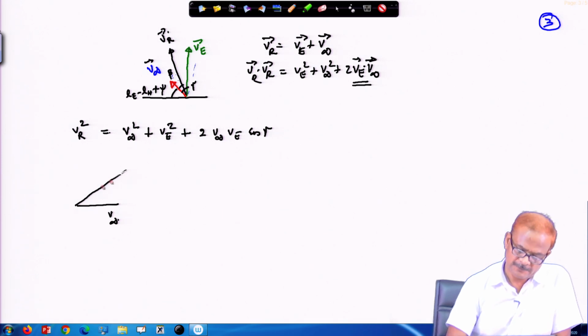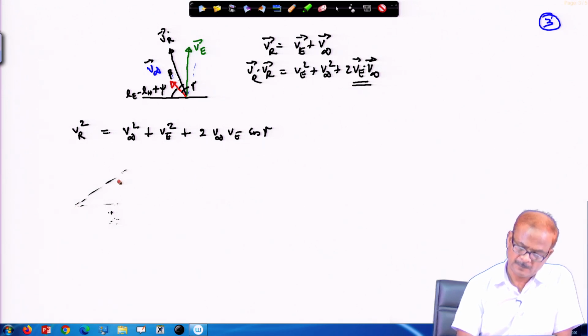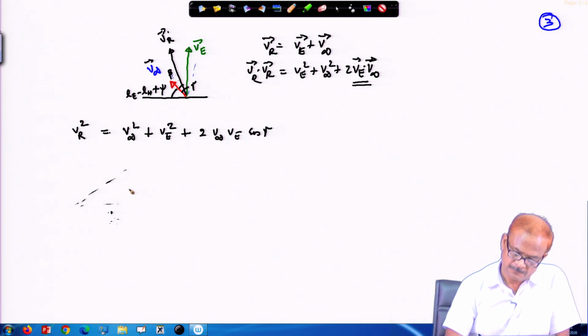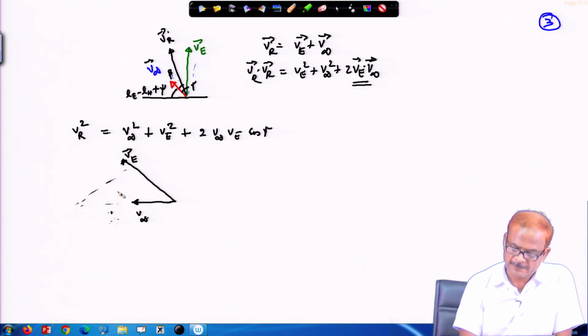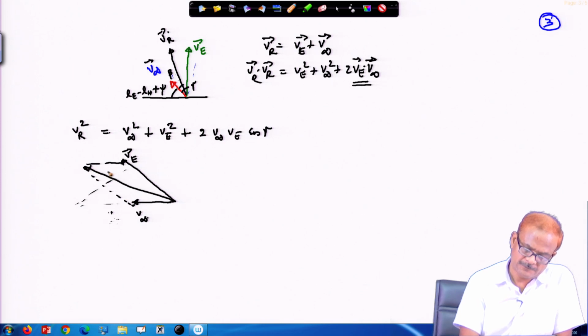Or the other way, we draw the figure the other way. Say this is the V infinity, and with respect to this is your V earth vector, and V resultant is something like this. So, this is your V r.